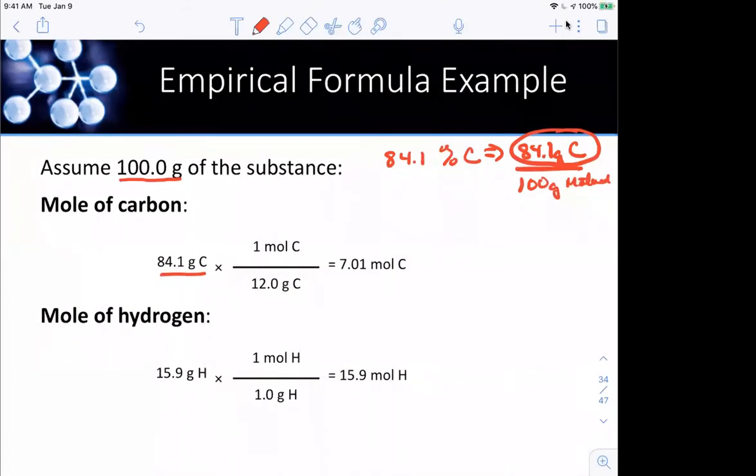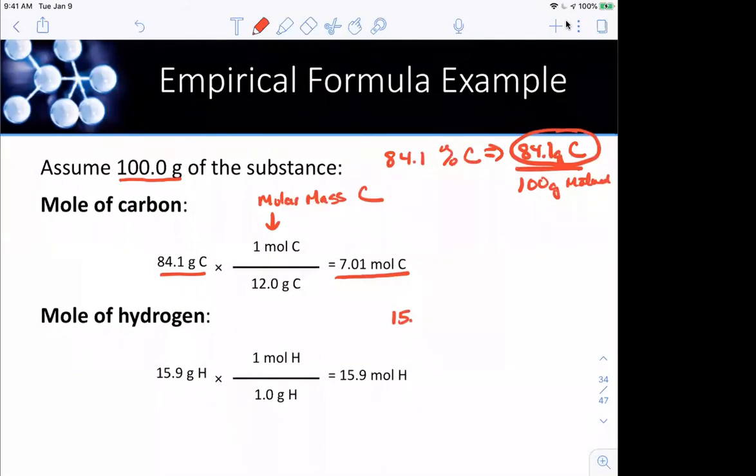So I'm going to take that value, which corresponds to the percentage, if I assume 100 grams. This is the molar mass of carbon. So in this 100 gram sample, I have 7.01 moles of carbon. I also know that the remainder is hydrogen.